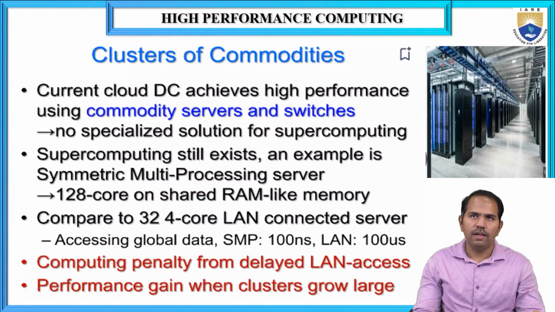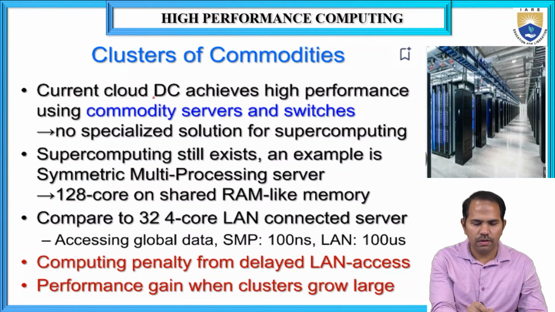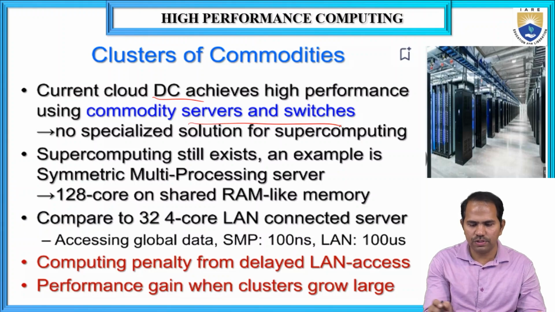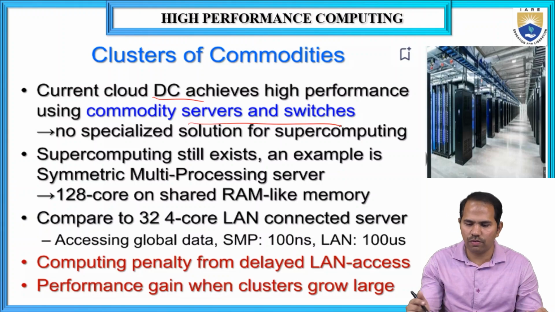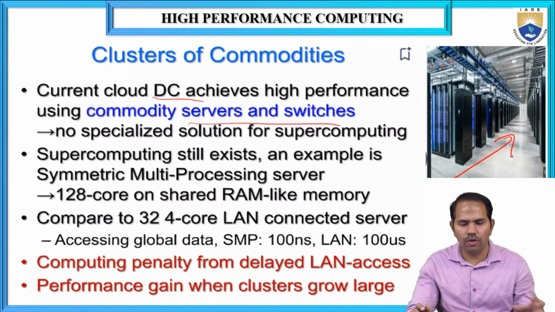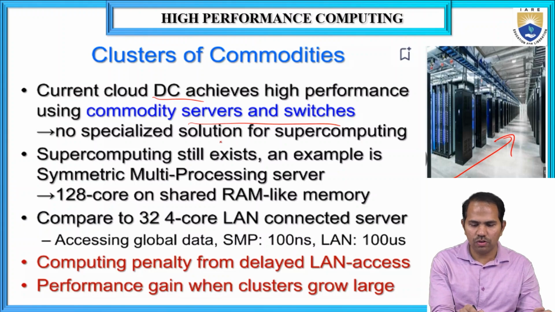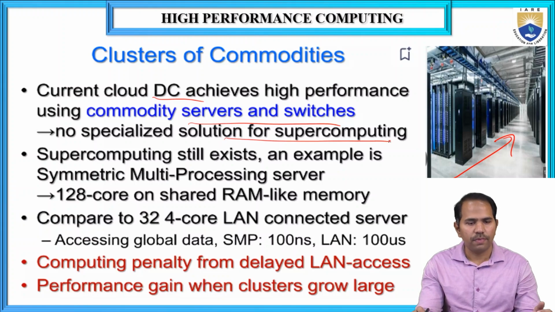Now, clusters of commodities. Current cloud data centers achieve high performance using commodity servers and switches. We combine different servers in one place to reach high performance. There is no specialized solution for supercomputing, though supercomputing still exists.